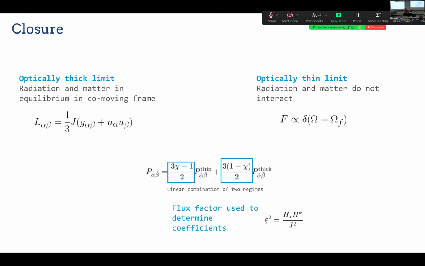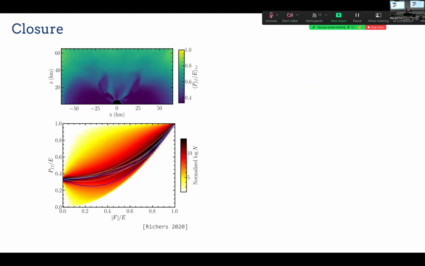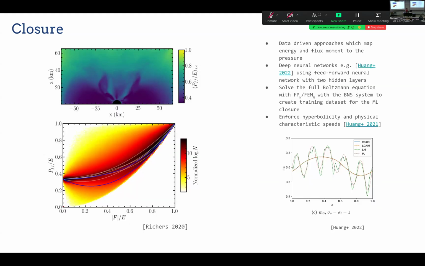This approximation is not really good in regimes which are neither optically thick nor optically thin, but it is a choice that we make because the equations are relatively easy to solve in this formulation. As I said, for certain types of systems it may still make sense. If you're doing supernova experiments in 1 dimension, you might still have a good handle on how the pressure behaves. But for a binary neutron star merger type of system, this is not necessarily the case.